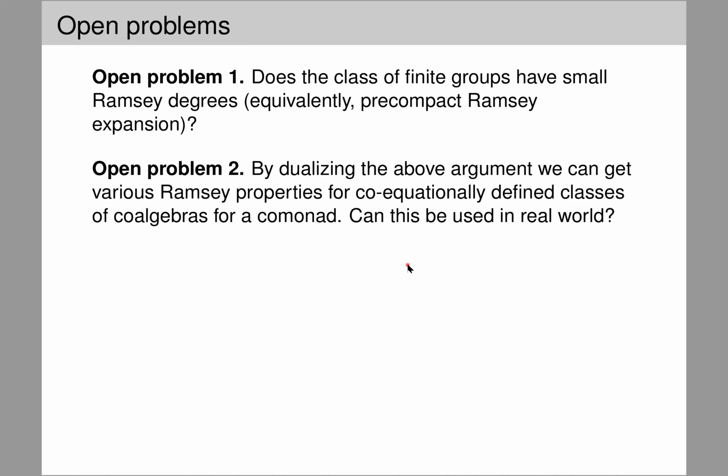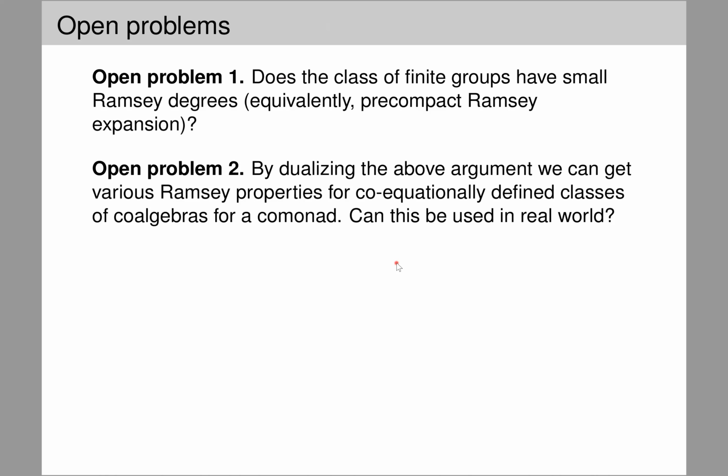Another open problem is more an open problem for me than for the combinatorial community. So by dualizing this argument, we can prove various Ramsey properties for co-equationally defined classes of coalgebras for a comonad. Okay, so it's relatively easy to perform the dual constructions.